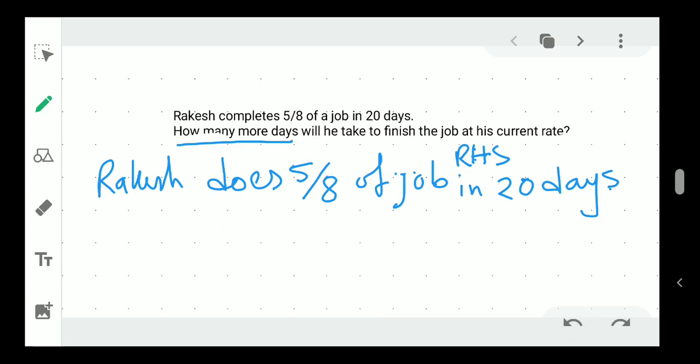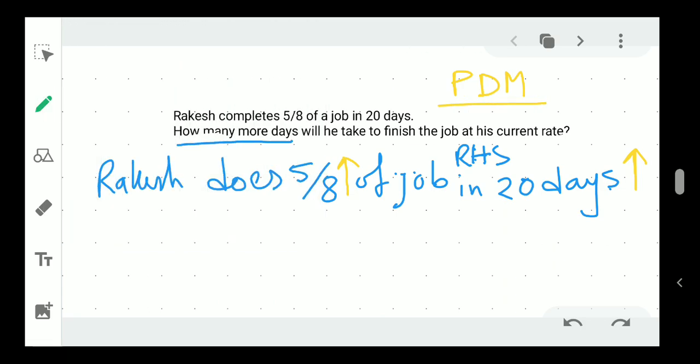To do more work, Rakesh has to take more days. So if I increase the amount of work, then my number of days has to be increased also. So this is a simple PDM, because it is a proportional relationship between two quantities. So we are using the PDM trick: first division, then multiplication.